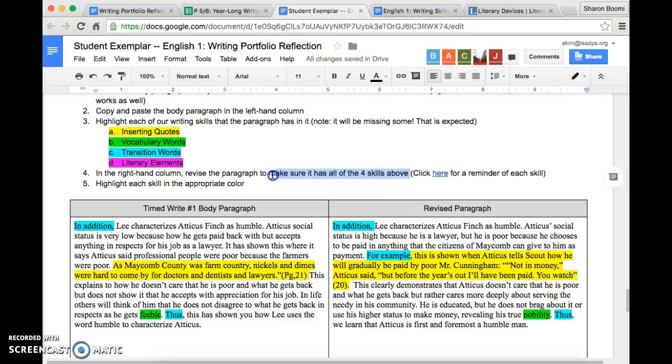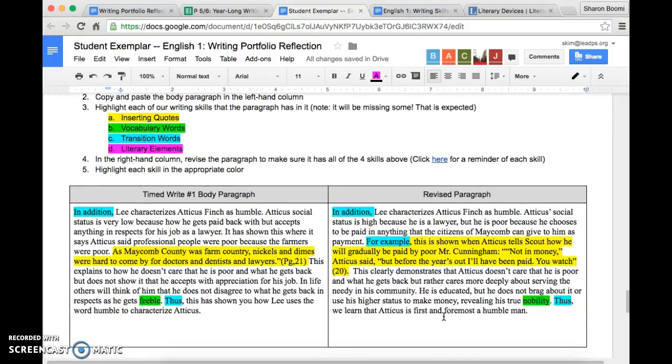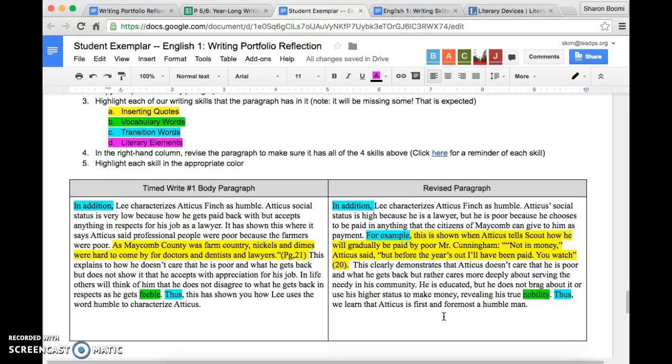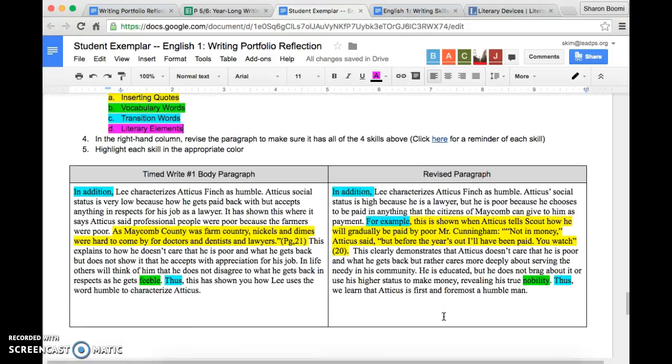The directions also say to make sure that this revised paragraph has all 4 of the skills. So we need to add literary elements, which is what we're missing here. So I'm seeing that this evidence shows that Atticus is confident that he'll be paid and he doesn't need to be paid in money.